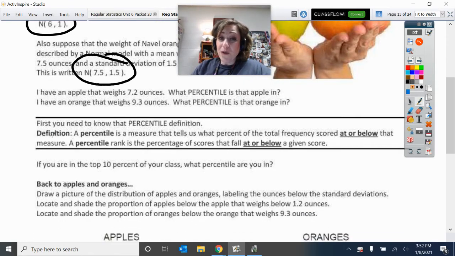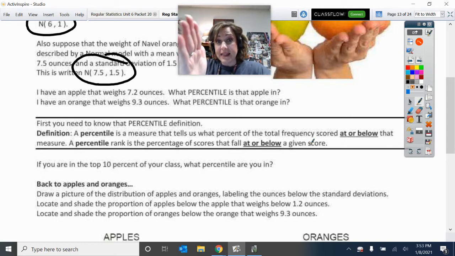By definition, percentile is that rank. That is the percentage of observations, the proportion of observations, the percentage of observations. Those mean the same thing. That falls at or below a particular score, a particular value. The percent that falls at that value or below it is your percentile.